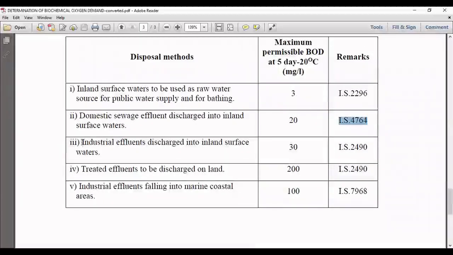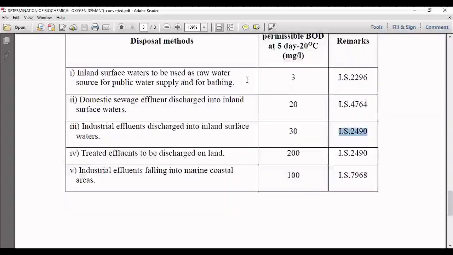Similarly, if I have an industrial effluent which is being treated and is to be discharged into inland surface water, the maximum permissible BOD is 30 mg per liter. So the BOD value of the treated industrial effluent should be less than 30 mg per liter, and it has been given in IS 2490.